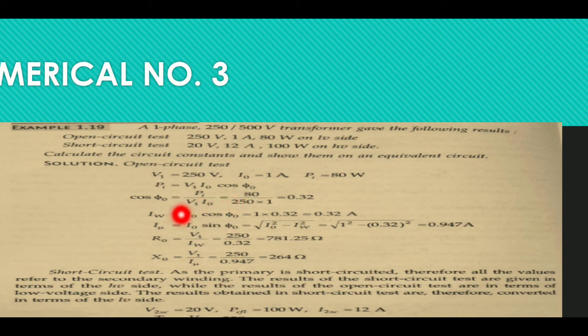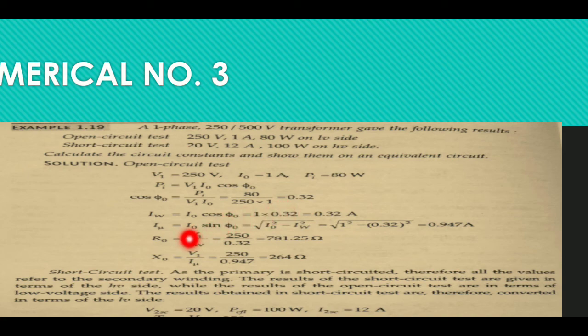So cos phi 0 equals Pi by V1 into I0, where Pi is the iron power loss. So 80 by 250 into 1, the I0 value, equals 0.32. So cos phi 0 equals 0.32.